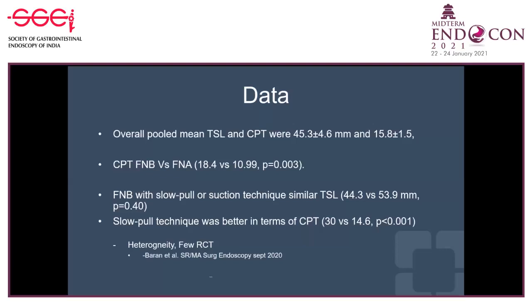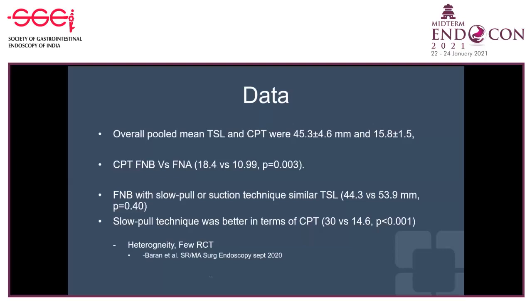As I mentioned, there were only 3 RCT in the systematic review, and there was moderate heterogeneity in the systematic review meta-analysis. So the conclusion from this, FNB is better, slow stylet pull probably better in terms of getting more CPT.